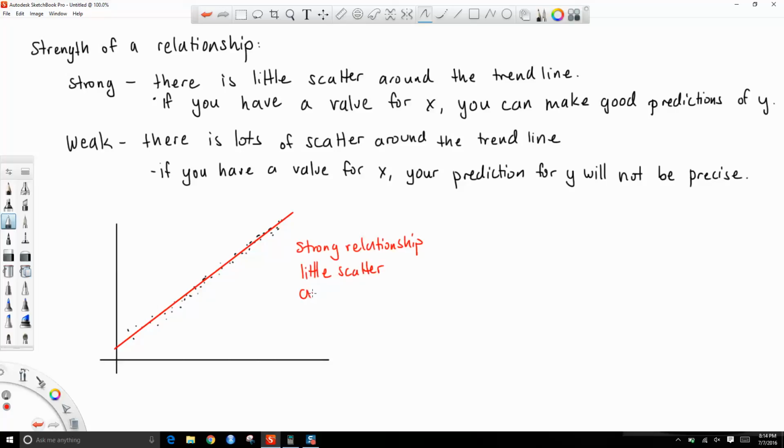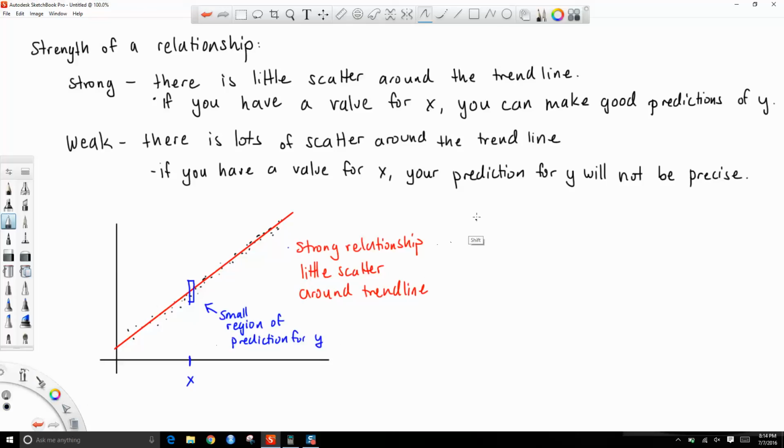Little scatter around trend line. And then let's say I pick a particular value of x, say right here, and I go up here and I try to kind of find my zone of prediction. My prediction for what y will be in this kind of small region, okay? Okay, so this is a strong relationship.